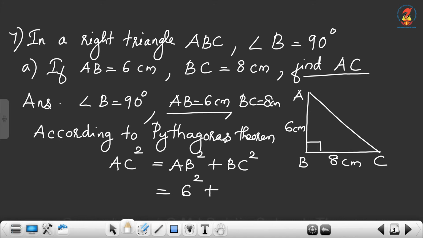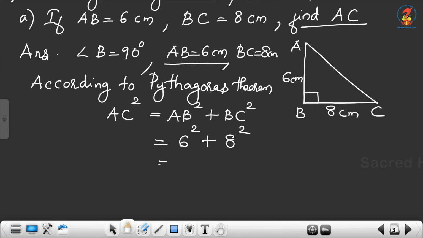Then plus BC, the value of BC is 8, so 8 square. So AC square equal to AB square plus BC square, with AB being 6, we write 6 square plus 8 square.